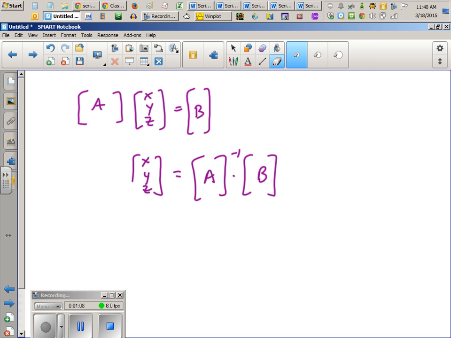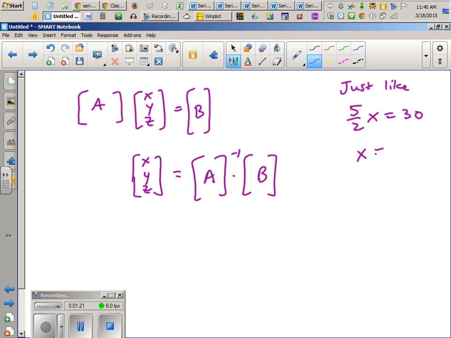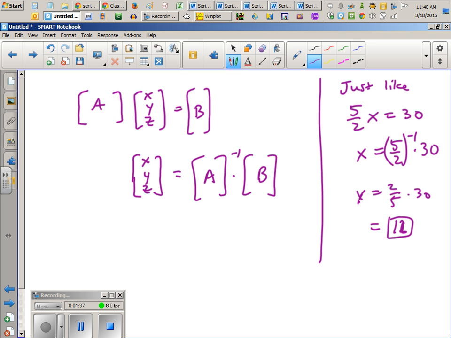This is exactly the same notion as if you have 5 halves x equals 30, and you want to find x, you got to get rid of the 5 halves by inverting it and multiplying over. In other words, x is 2/5 times 30, which is 12.